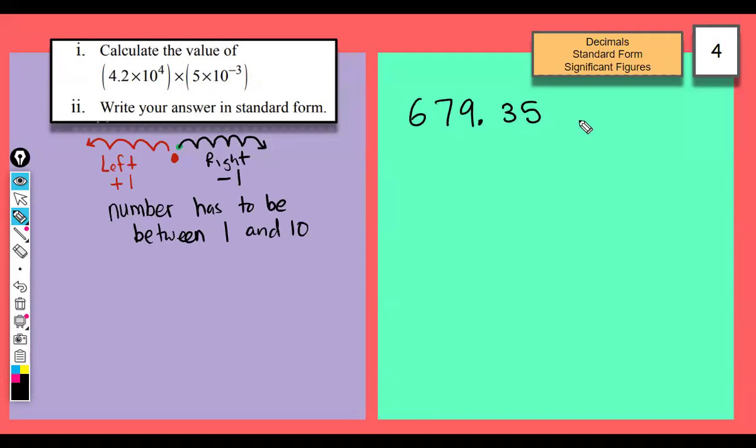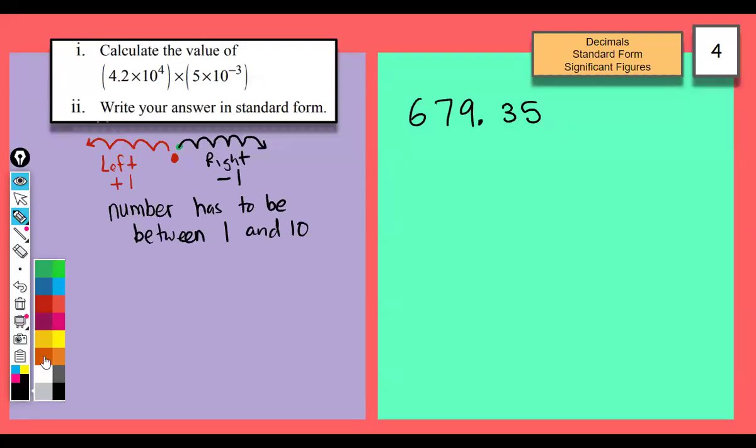679.35. Let's say one day I played the lottery and I won $679.35, and you want me to express that in standard form. First, ask yourself, is this number between 1 and 10? Obviously not. 679 is greater than 10.